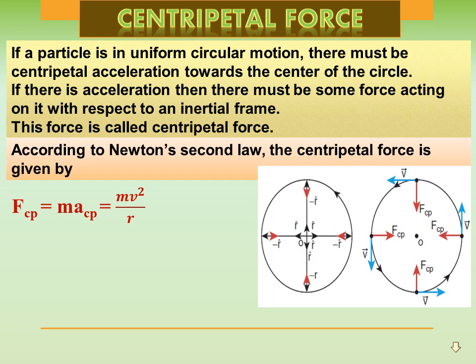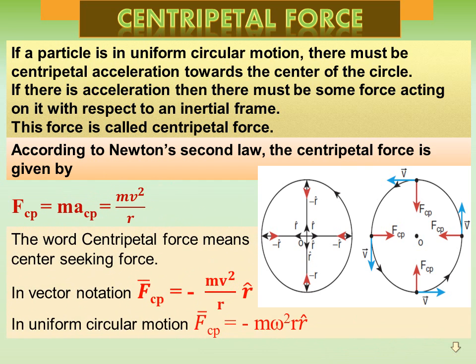Here cp represents the centripetal force. Actually, the word centripetal means center seeking force, and in vector notation F vector cp is equal to minus mv square by r into r cap.